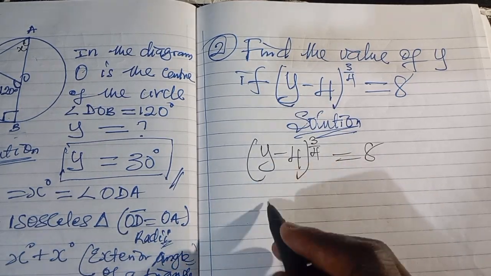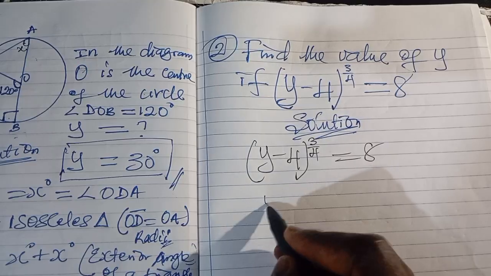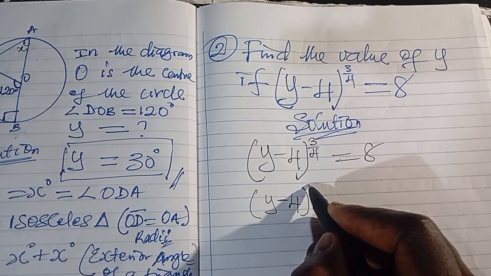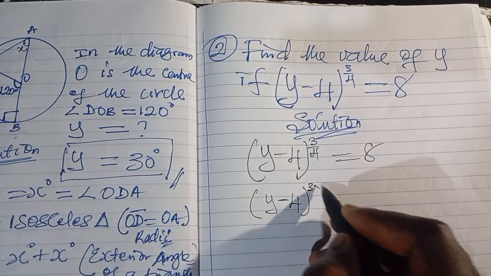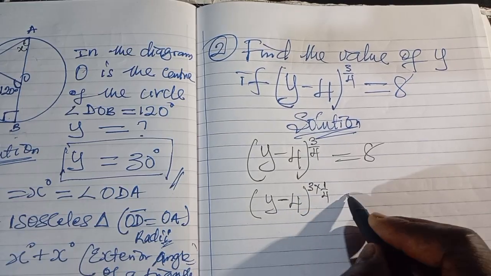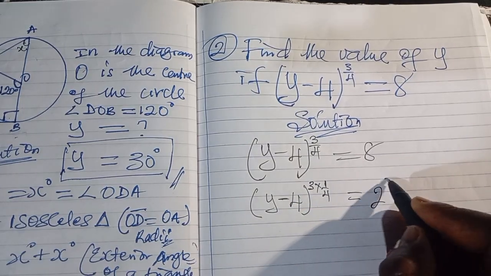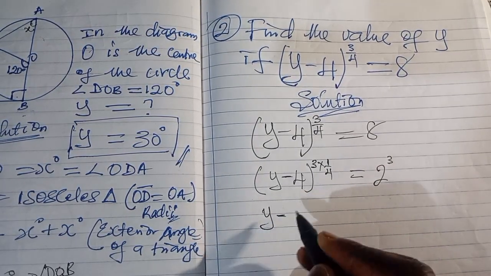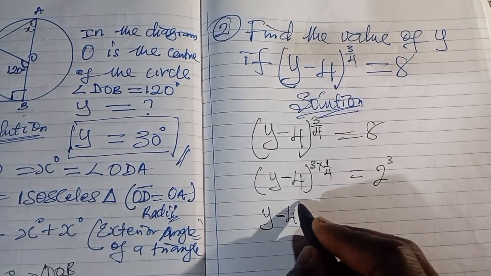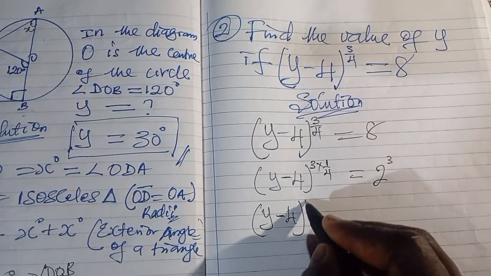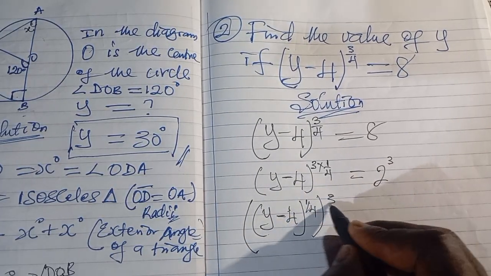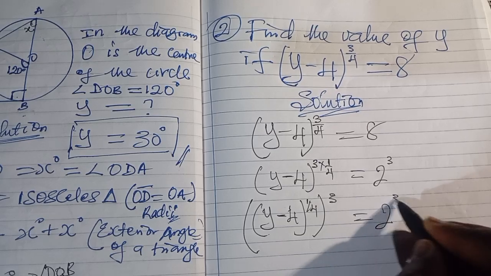Recall, we can also write this as y minus 4 to the power 3 times 1 over 4. This is the same as 2 raised to power 3. So that I can have y minus 4, all raised to power 1 over 4, then all raised to power 3, is equal to 2 cubed.